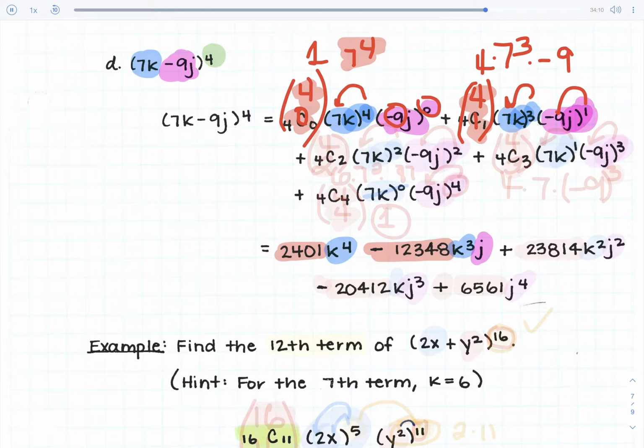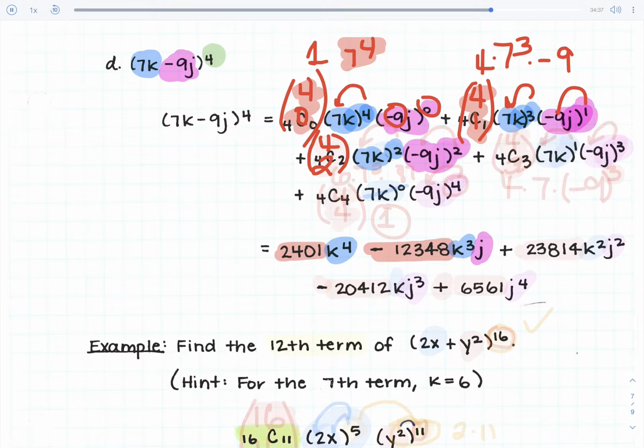The next term takes our 7k and we're working our way down. We had third power, now we're going to do squared. And we're also going to work our way up on our negative 9j. It's going to be now squared because we just had 1. And we still have to do our combination of 4 on top and 2 on the bottom.